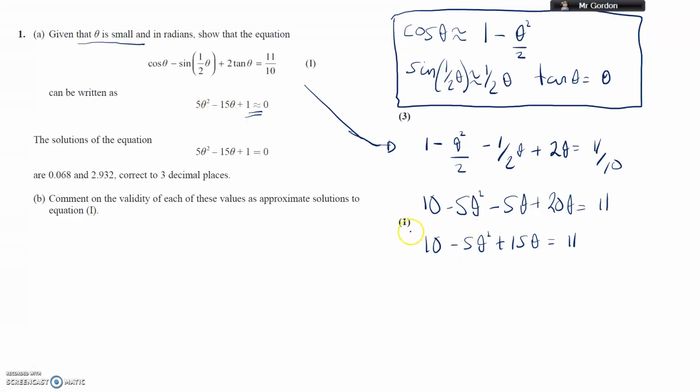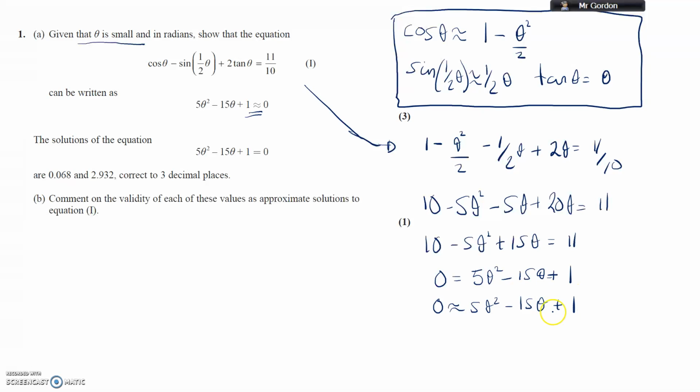Everything's moving to this side, so I'm going to have 0 equals, I'll write it in order, 5 theta squared, positive now, minus 15 theta, because I've moved it over, and then we're going to get 11, take away the 10 that's moving over, it's going to give me a plus 1. Alright, so that's what we have to show, and because theta is small and we're approximating, you can put that approximation sign in just to give you the final answer.